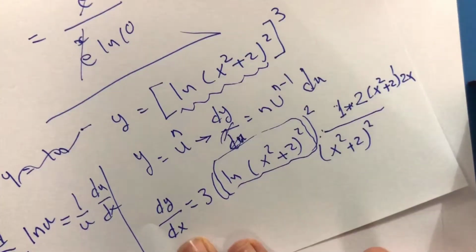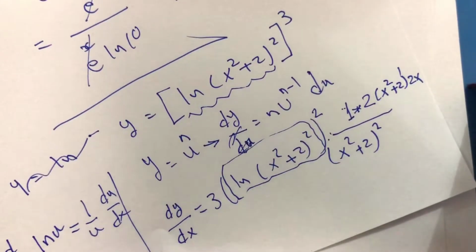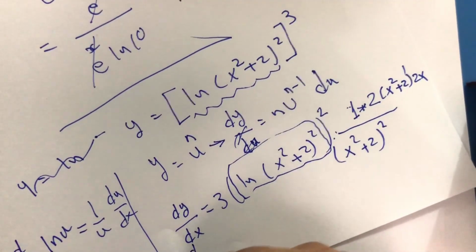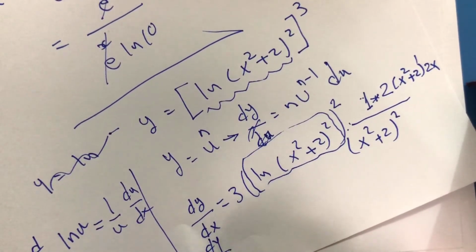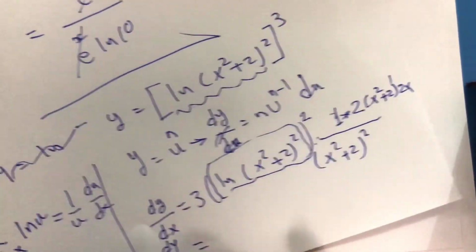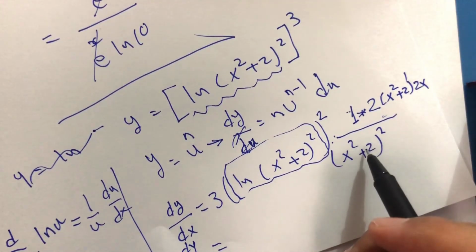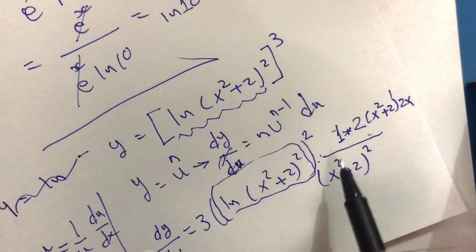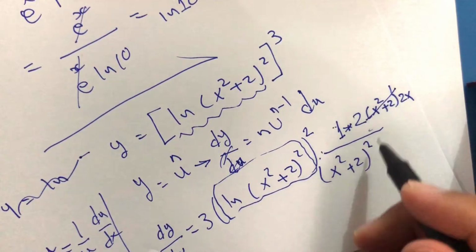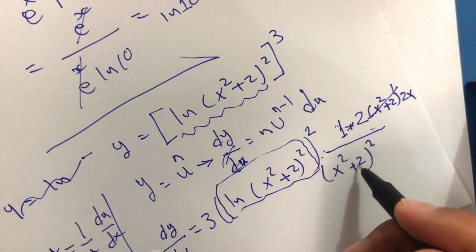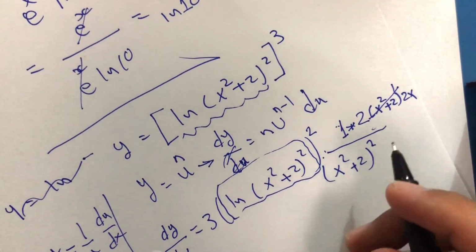Now after that I can do the following simplification. dy by dx equals, after I cancel this x squared plus 2, since one is to the power 2, it will be cancelled and only x squared plus 2 to the power 1 remains.